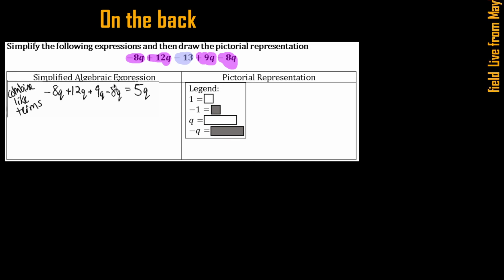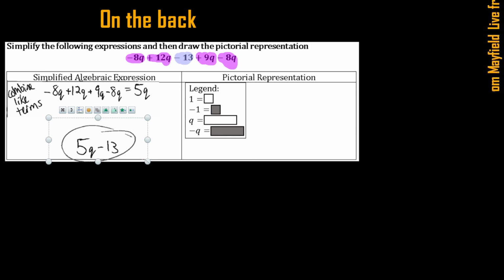We're just looking at those coefficients and adding those integers together. And as we see, we don't have any other constant terms, so all we have to do is write our simplified expression, which for this one is just going to be 5q minus 13.